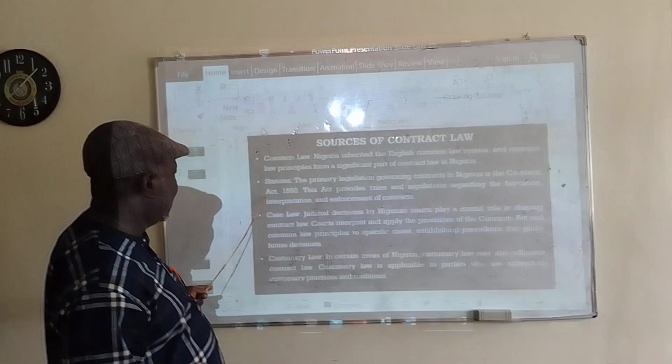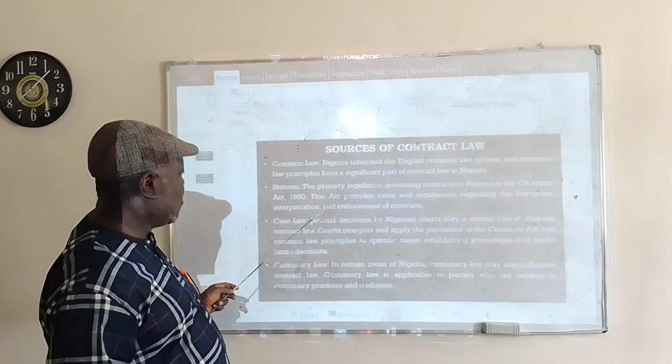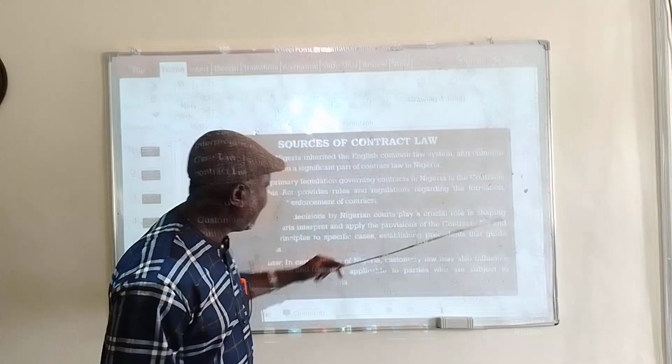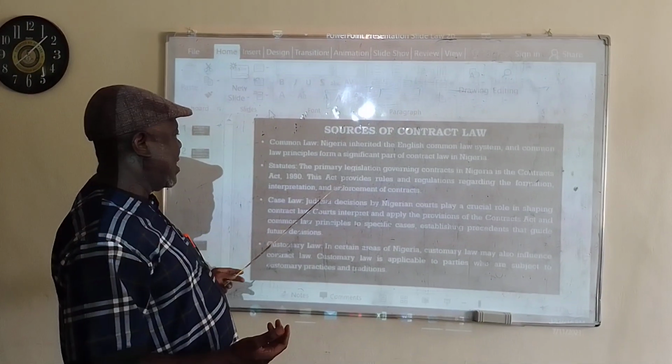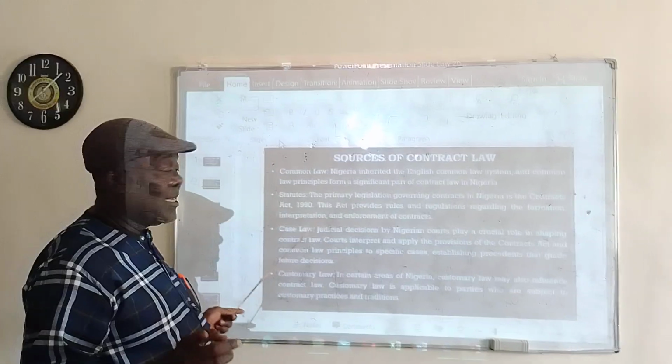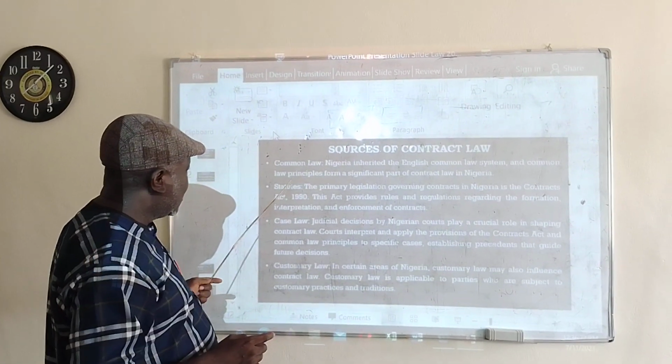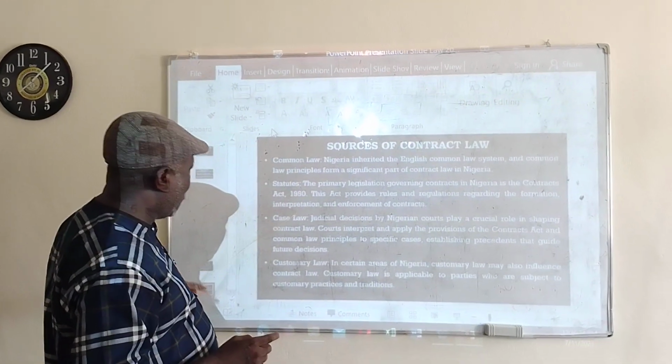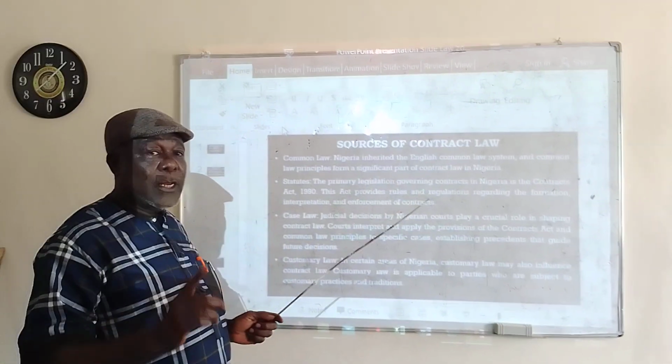Now, statutes. The primary legislation governing contracts in Nigeria is the Contract Act, the Contract Act 1990. This act provides rules and regulations regarding the formation, interpretation, and enforcement of contracts. But I must quickly also add that whatever law we have under statutes comes under the Constitution.